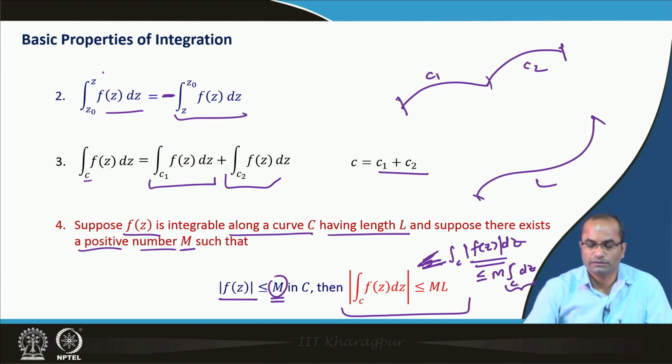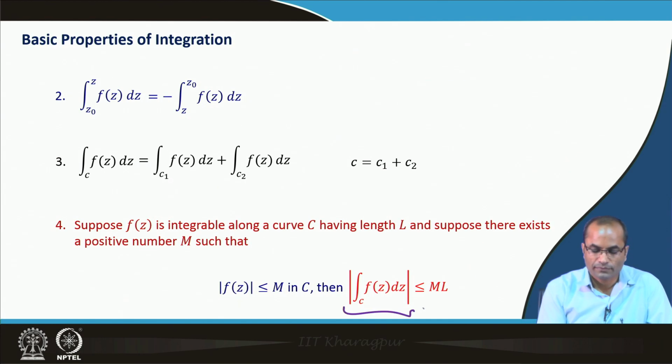So, if we just integrate over the curve C, we will get the length. So, that is ML. So, this integral is bounded by ML. M is the upper bound for the absolute value of the function, and L is the length of the curve. So, this is also valid here for the curve integral.